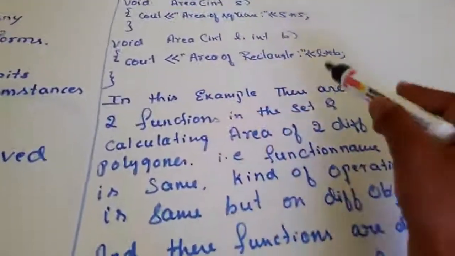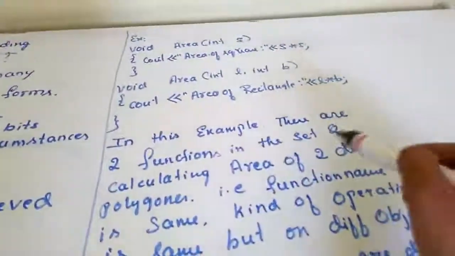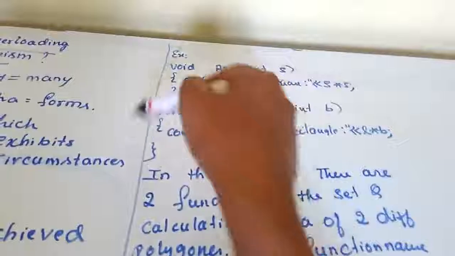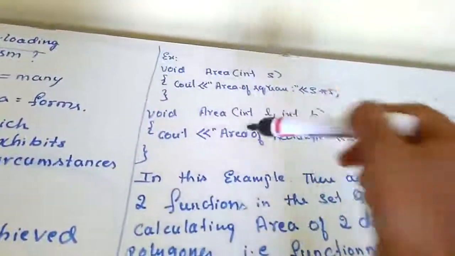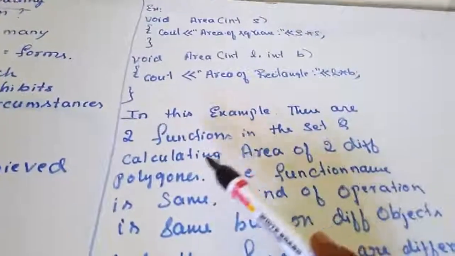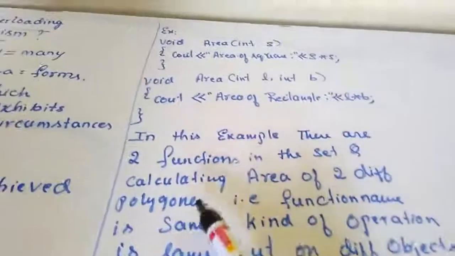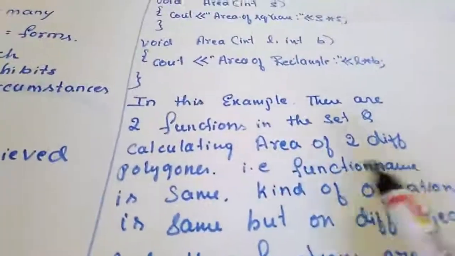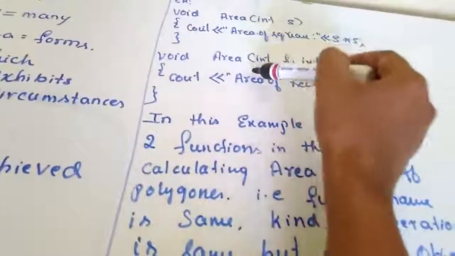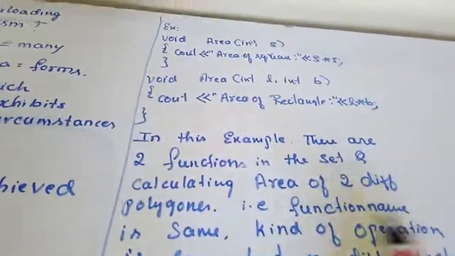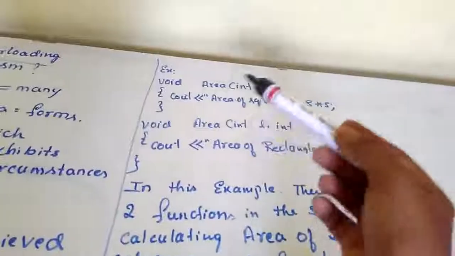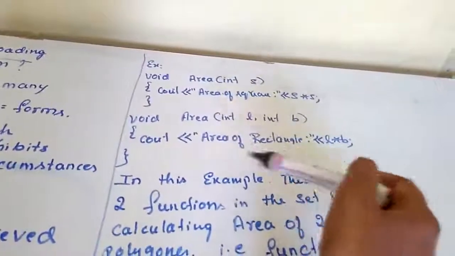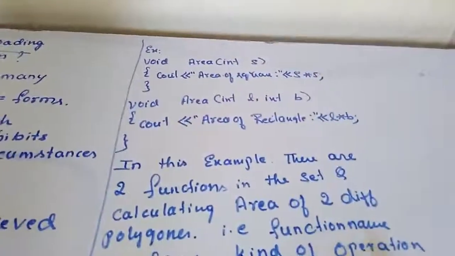In this example, there are two functions in the set. Let us consider this a set having two functions that calculate the area of two different polygons, one square and one rectangle. The function name is the same, both functions having the same name, area, and the kind of operation is the same. What kind of operation are they performing? Area only, but on different objects.